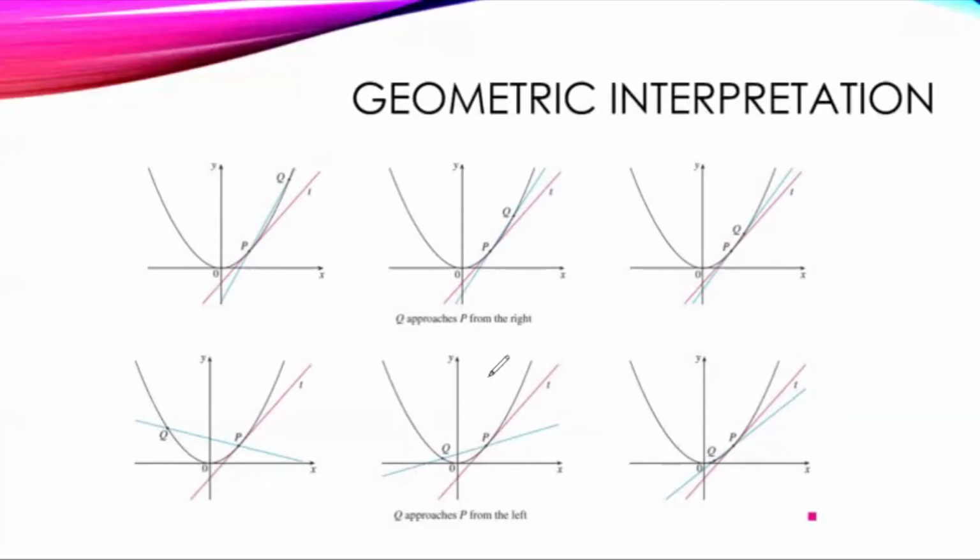So in this example, again, as point Q approaches P, whether from the right of P or from the left of P, the secant line approaches the tangent line T.